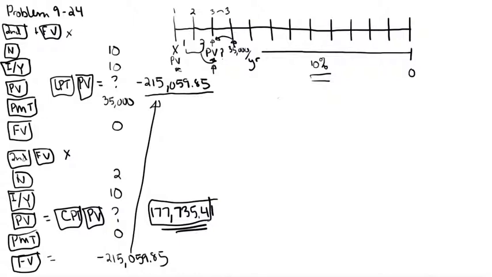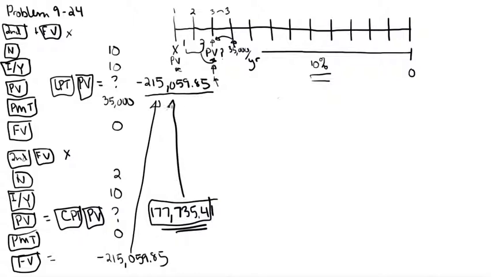Okay, so what that tells me is if Mr. Moore is not going to retire for another 2 years and will not start to receive his 10 payments until the end of the third year, the value of that deferred annuity that we calculated here, okay, the value of this deferred annuity is 177,735.41.